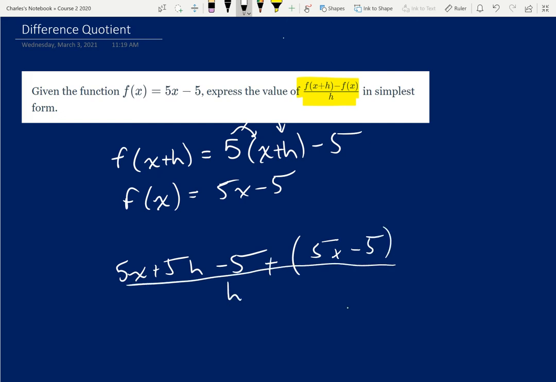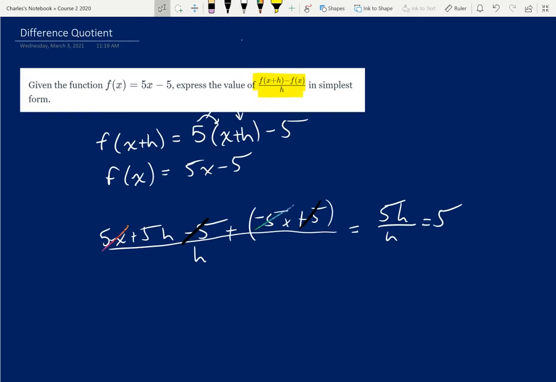And so I can turn that to a plus, that to a minus, and that to a plus. And I'm going to get, whoa, look at this. 5x and minus 5x, those things cancel. Minus 5 and 5, those things cancel. And then I get 5h over h, which is 5.